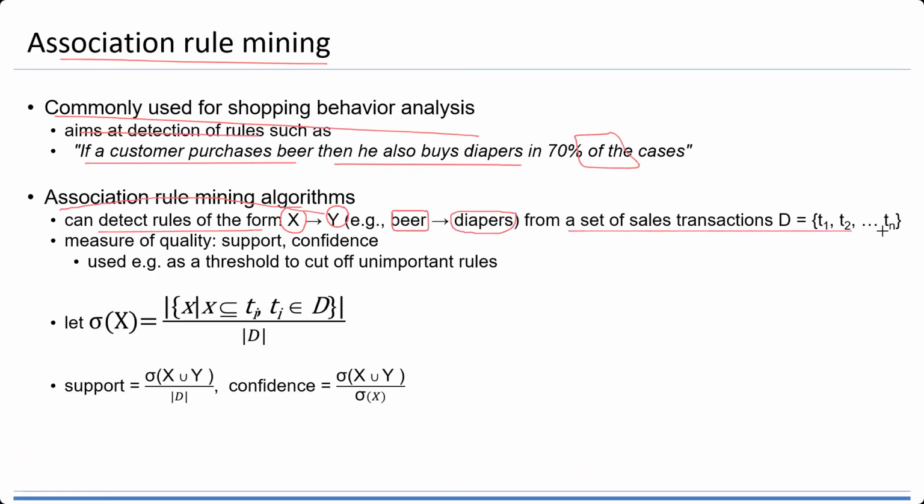And we have a set of transactions. The measures that we usually use are support and confidence. This is the formula that we already have from the chapter about association rule mining. You can take a look again at those slides.